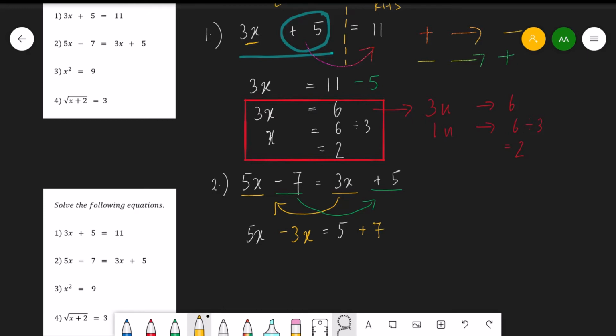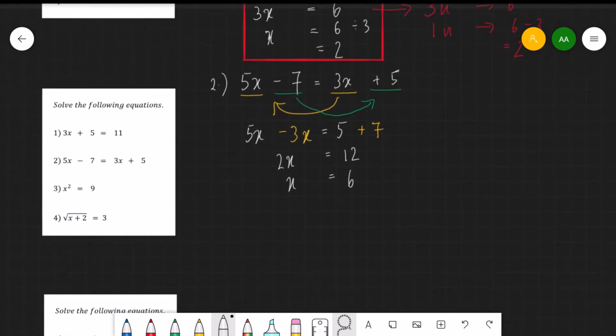So this is the new equation. We simplify both the left and right hand side. 5x minus 3x equals 2x. 5 plus 7 equals 12. Therefore x is equal to 12 divided by 2 equals 6. So this is the second example that I needed to go through.